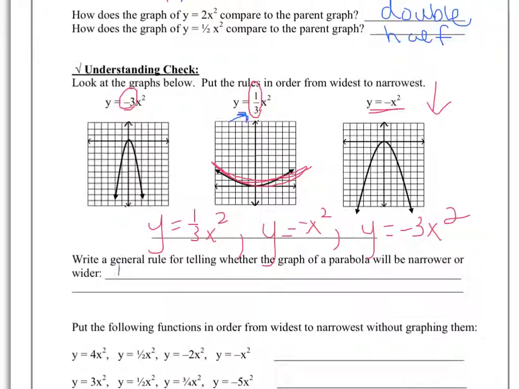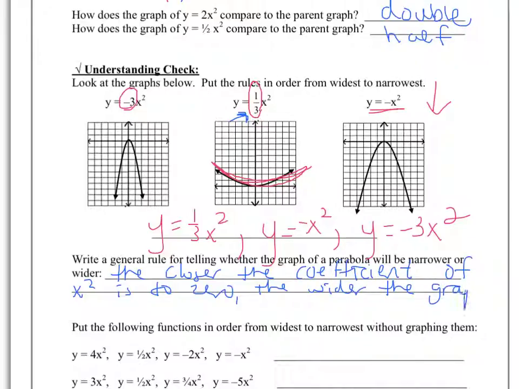Okay, so I'm going to put the closer the coefficient of x squared is to 0, the wider the graph will be. Okay, you could also say something like the farther away from 0, the narrower the graph will be. Okay? All right, let's move on.